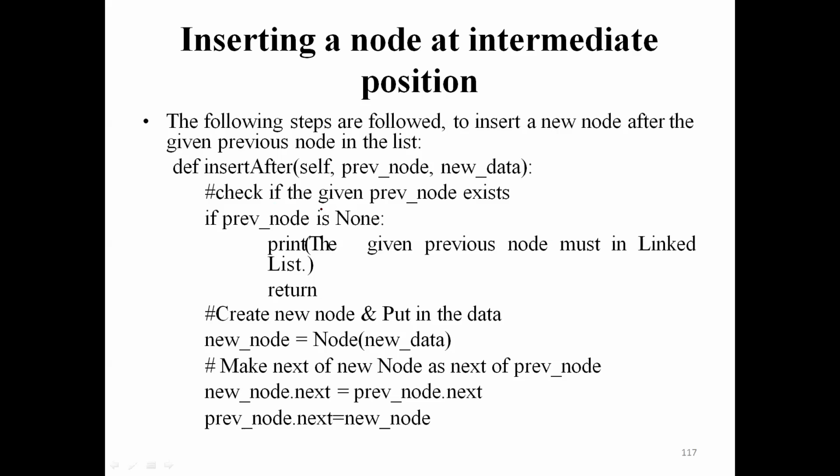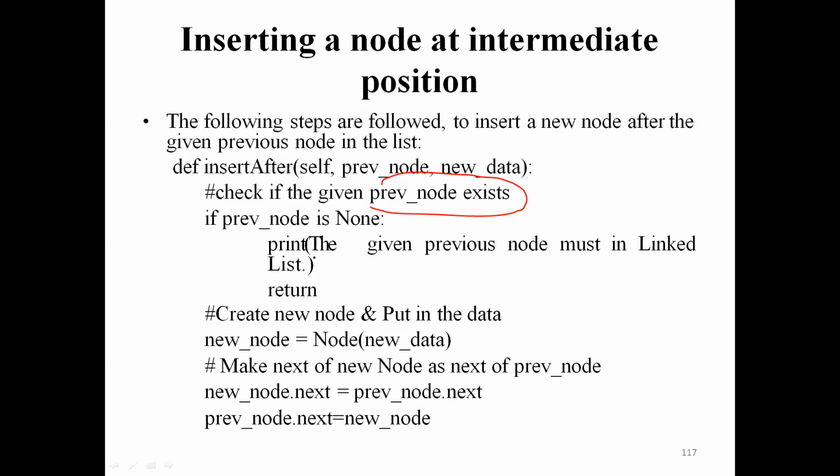And what you are doing: check if the given previous node exists. For a particular node you are searching, say node 5, if it is not there and you want to insert a newly created node after node 5, this 5 represents the data part.